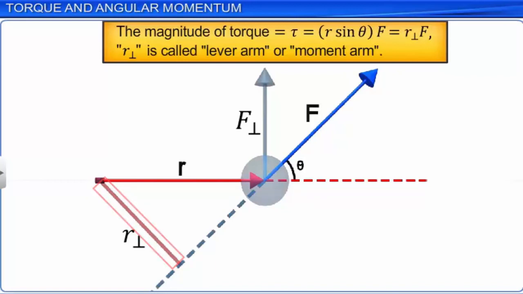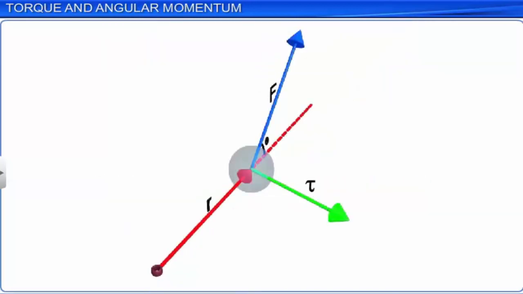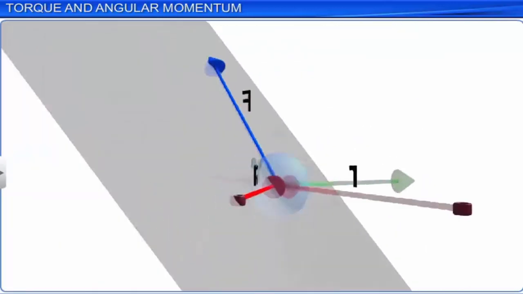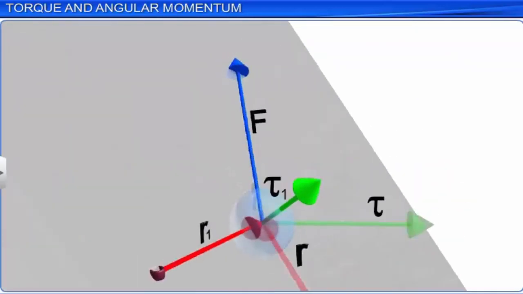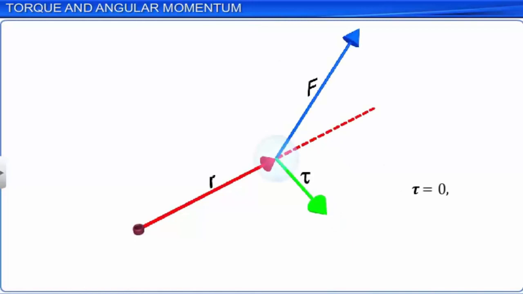Note that the torque defined here is about a specific point, usually called origin. The torque of the same force about a different origin is different. Hence, identifying the origin is very important. Torque can be zero if the magnitude of the force is zero, or if the line of action of the force passes through the origin.